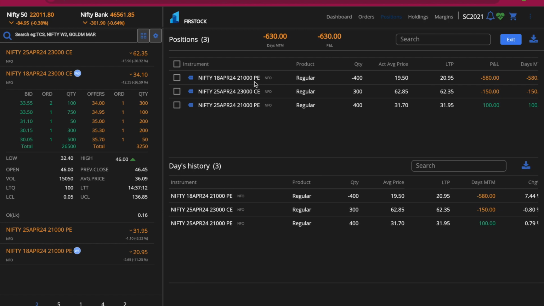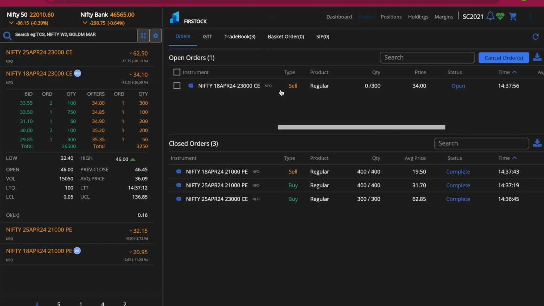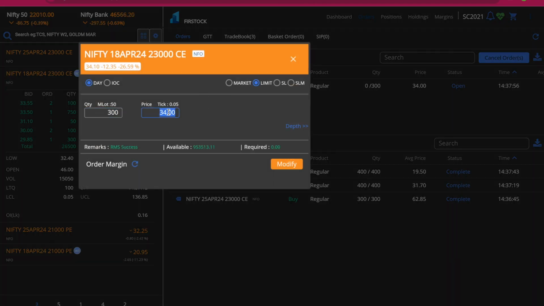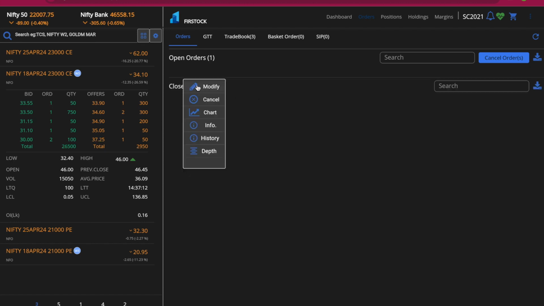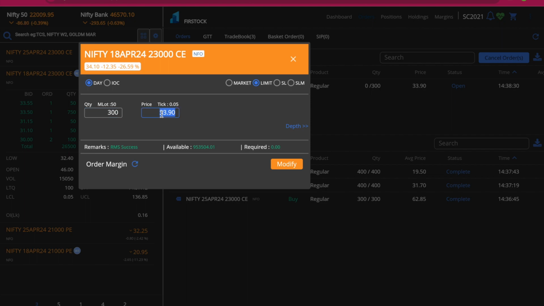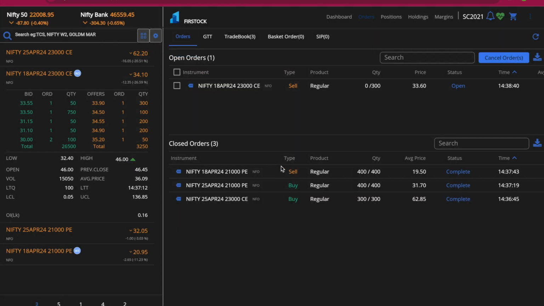The PE that we sold is now already trading higher, and that will be the condition of this CE. But unfortunately, we'll have to take this. Okay, 6. We'll have to take this.